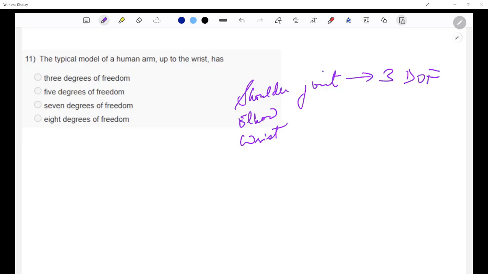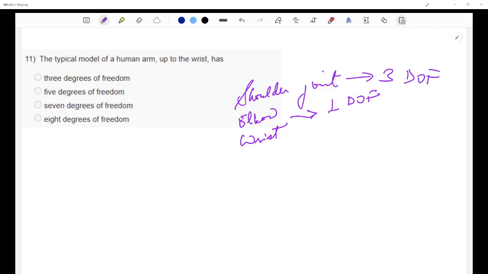These are flexion, extension, abduction, adduction, and internal external rotation. For the elbow joint, elbow flexion or extension is 1 degree of freedom. But the forearm also allows rotation, which is pronation or supination. These motions occur through the radius ulna mechanism.